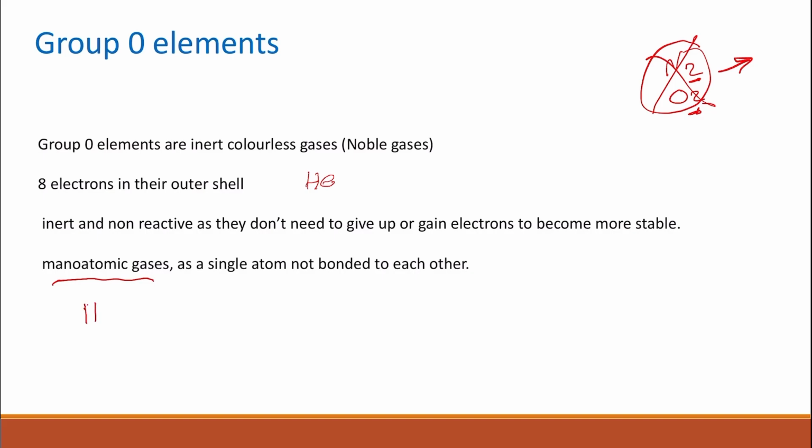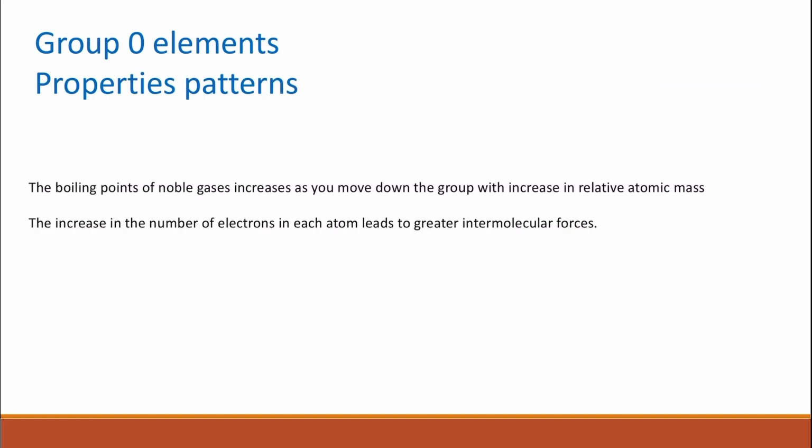Noble gases exist as monoatomic gases, so they exist as a single atom, not bonded to each other. Examples of that are helium, neon, xenon, and so on. So all the noble gases exist as monoatomic gases because they are non-reactive, so they don't even tend to bind or combine with each other.